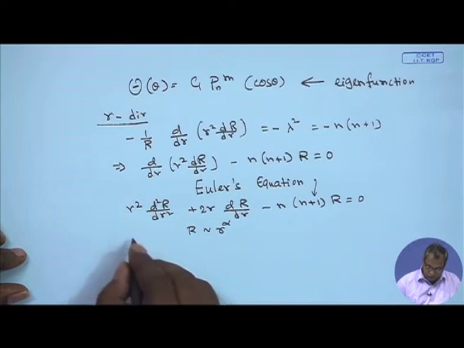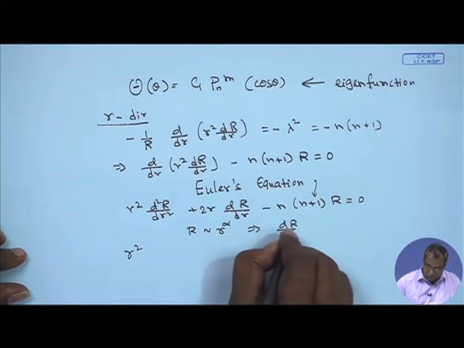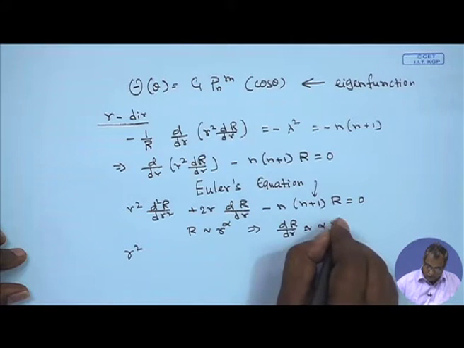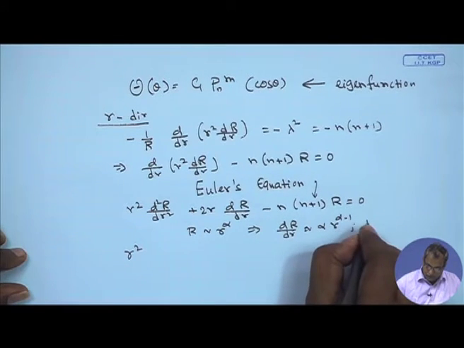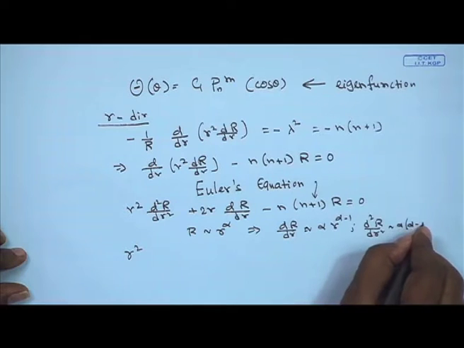So, if you just put it in, dR/dr will be nothing but alpha r to the power alpha minus 1, and d square R/dr square will be nothing but alpha into alpha minus 1 r to the power alpha minus 2.